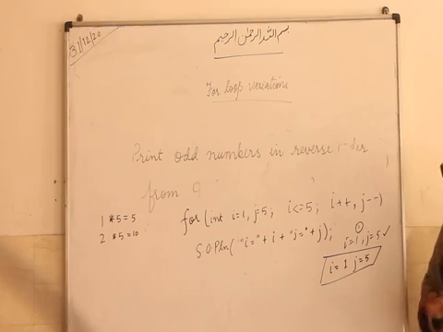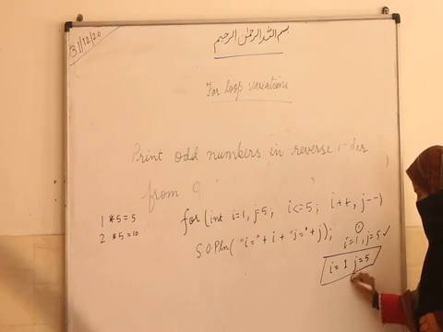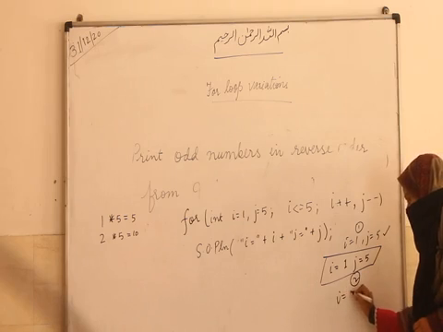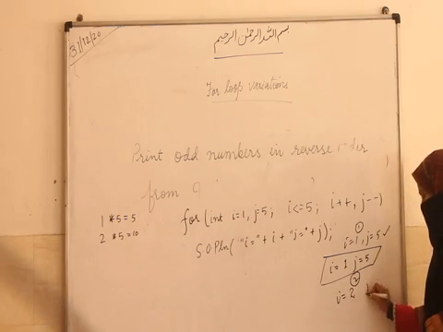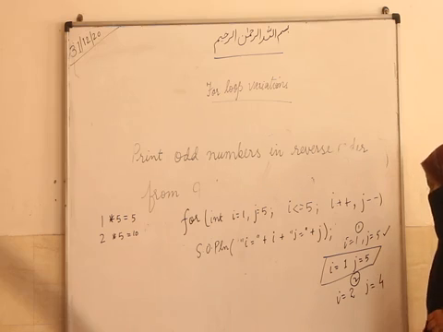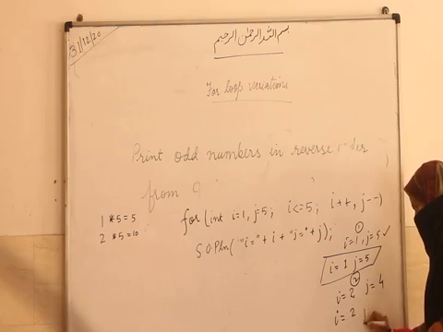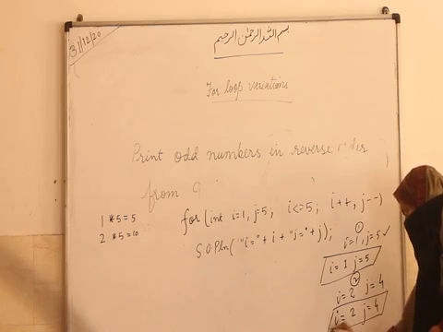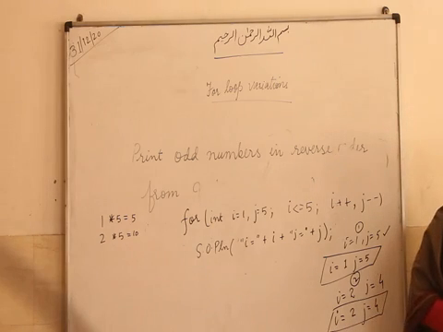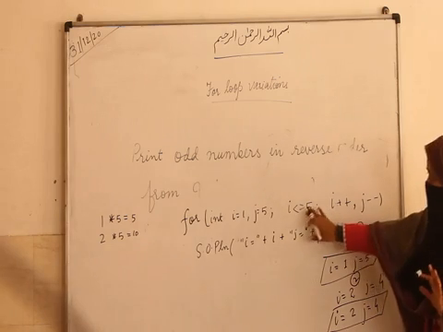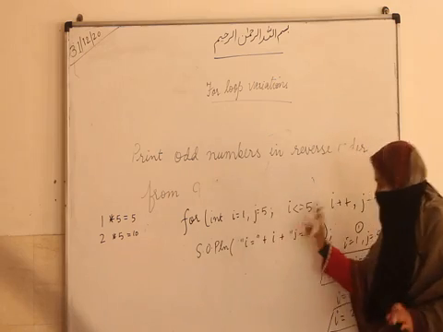Now, what will be for the second iteration? The value of i is 2 and the value of j is 4. So the output will be i equal to 2, j equal to 4. Like this, how many times will it go? 5 times, because according to the condition we have to go from 1 to 5.